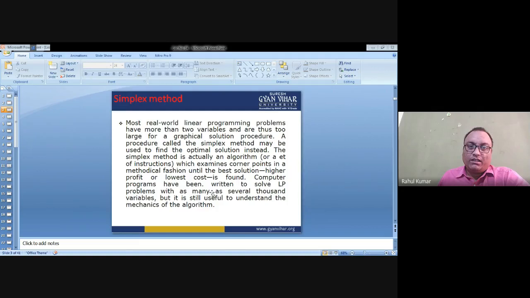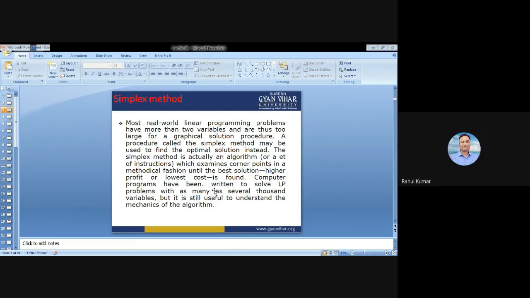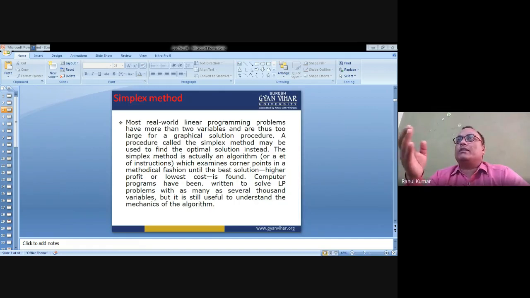Computer programs have been generated with as many as several thousands of variables, but it is still useful to understand the mechanics of the algorithm. It provides a good way to solve a very complex problem related to a company that makes different types of products, like a wooden company making three types of products: bed, chair, and sofa.